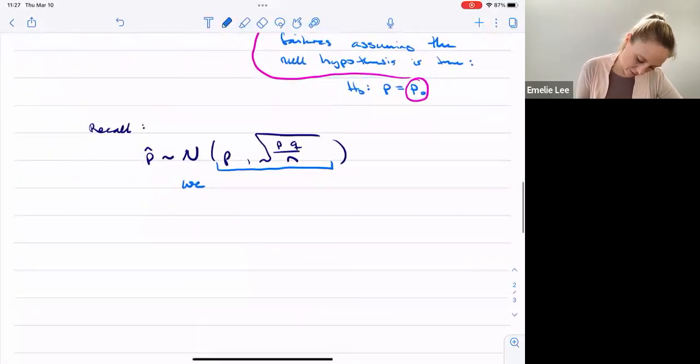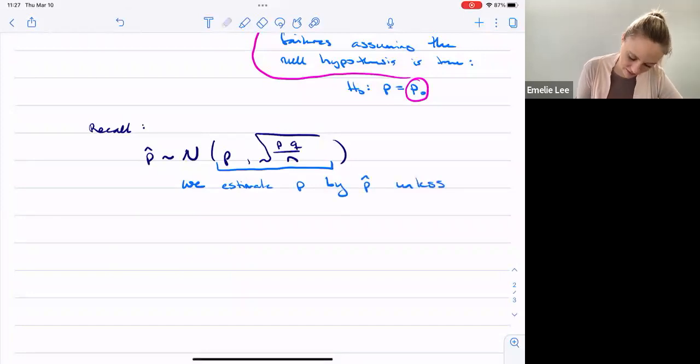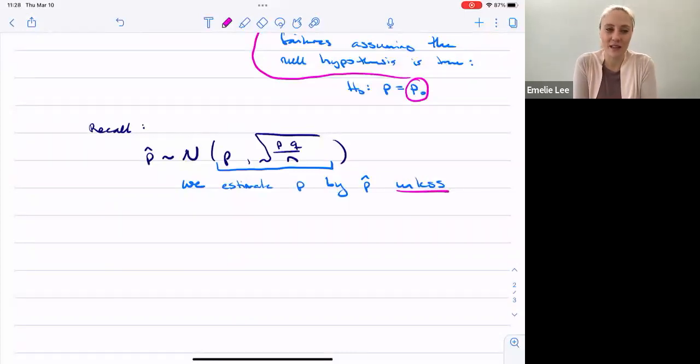So we estimate P by P hat unless, and this is where we're going to talk about that unless, right?